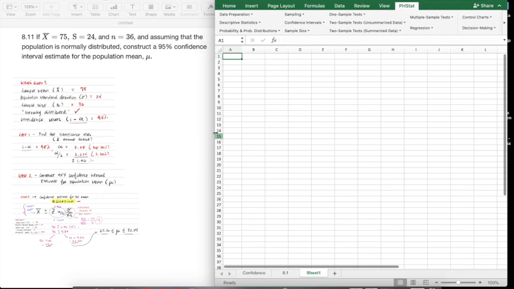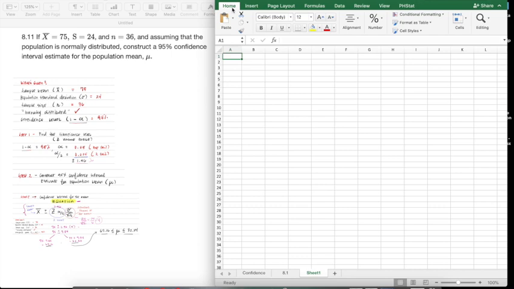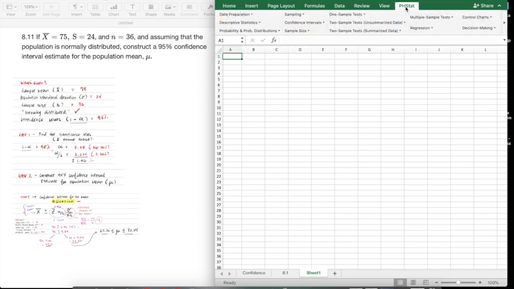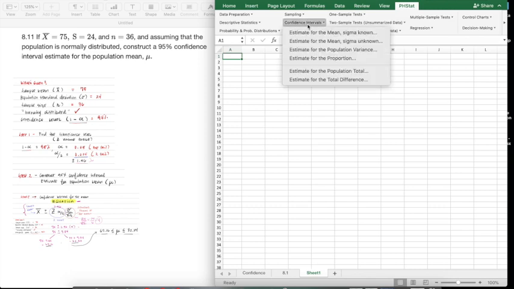Now, it's really important that we double check our work, and one useful tool that we can use is PHStat. In PHStat, choose confidence intervals. Then choose estimate for the mean, sigma known. Do we know what a sigma is? Yes, it's the population standard deviation.